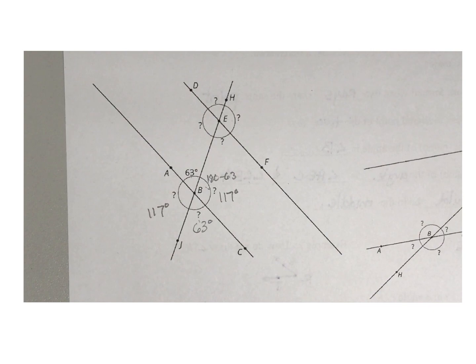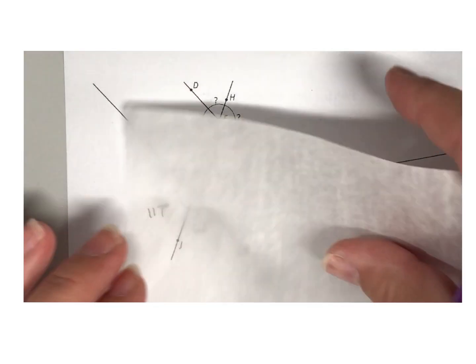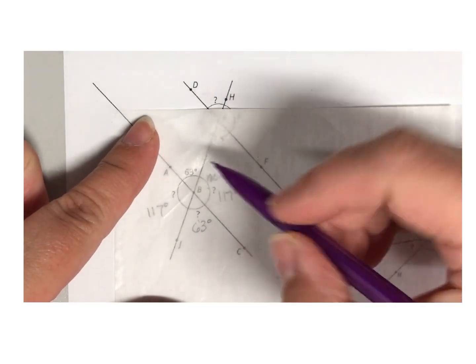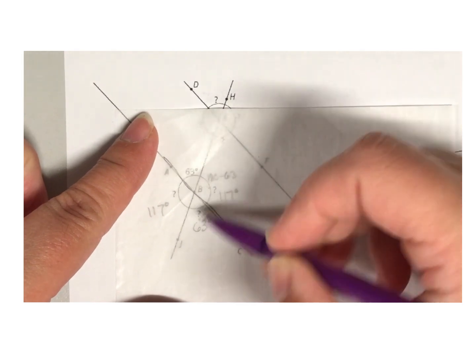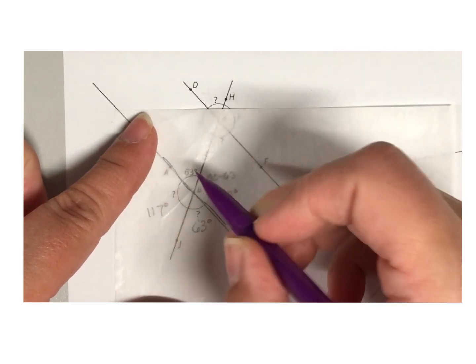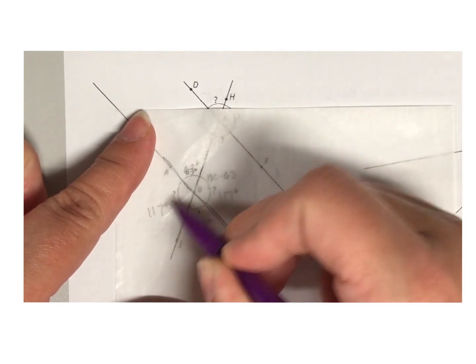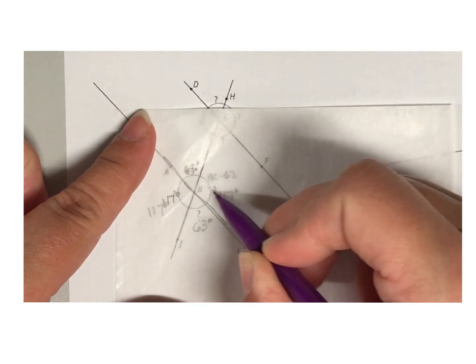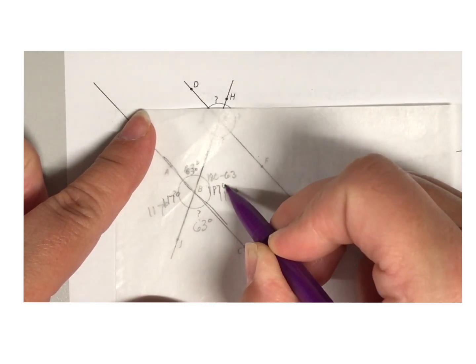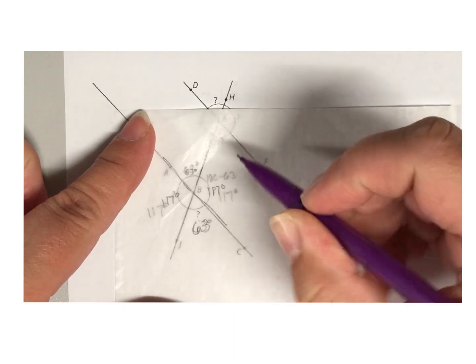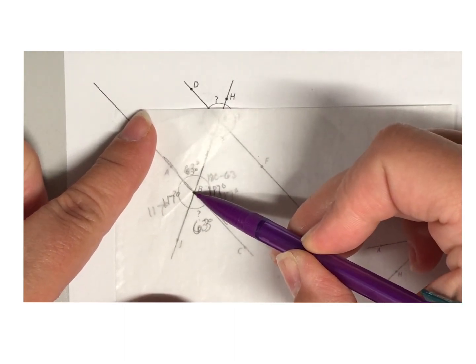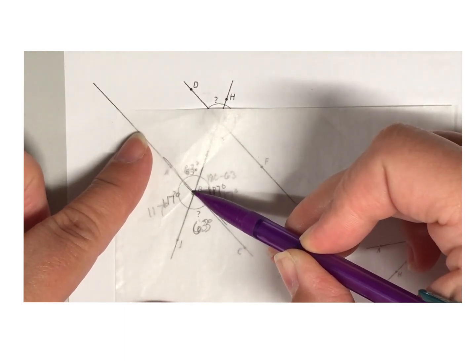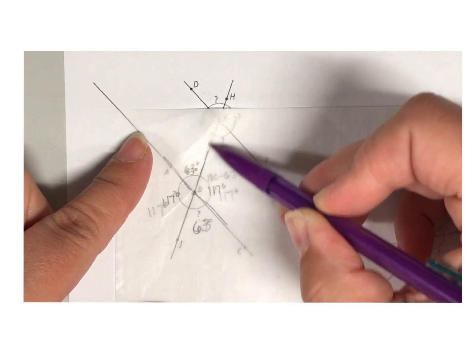So I'm going to grab my trace paper, and I am going to copy all of these angles down here. So this is 63, this is 117, this is 117, and this one's 63. And I'm going to take this and slide this point right here, this point B, along this transversal.